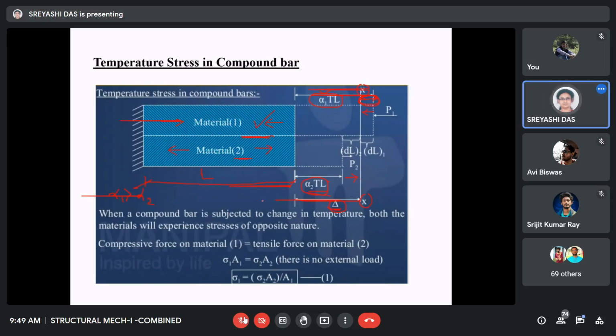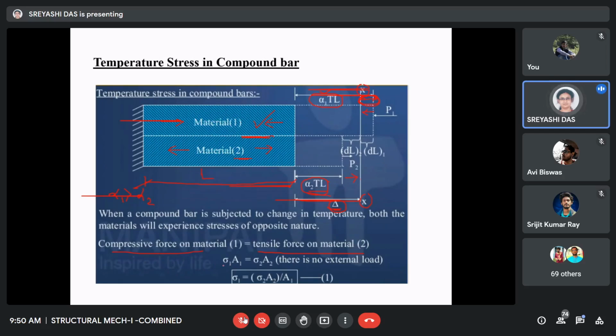And there is no external force applied here. Only the temperature is increased. So no external mechanical force is acting here. Obviously the compressive force on material 1 must be equal to the tensile force on material 2, so that it becomes an equilibrium. So compressive force in material 1, that means sigma 1 A1, is equal to sigma 2 A2.